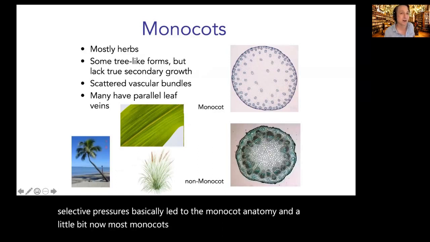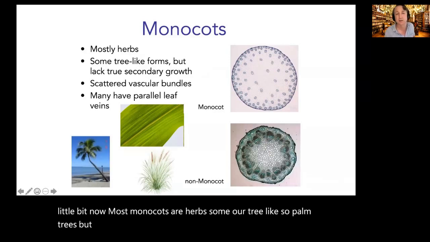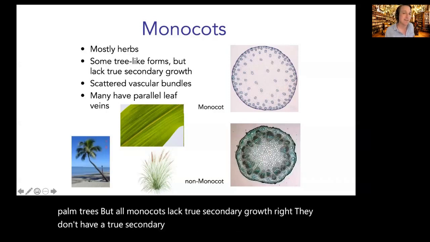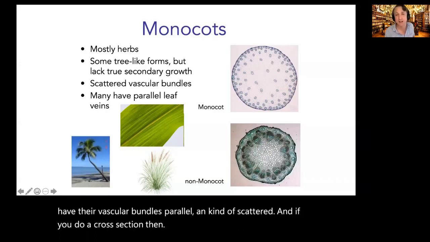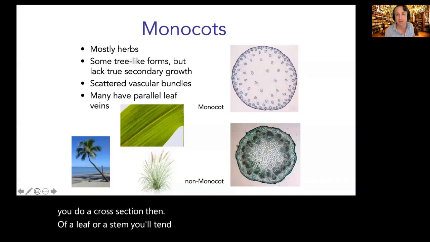Now, most monocots are herbs. Some are tree-like, okay, so palm trees, but all monocots lack true secondary growth, right? They don't have a true secondary growth pattern. They also have their vascular bundles parallel and kind of scattered. If you do a cross section of a leaf or a stem, you'll tend to see these little vascular bundles all separated throughout.